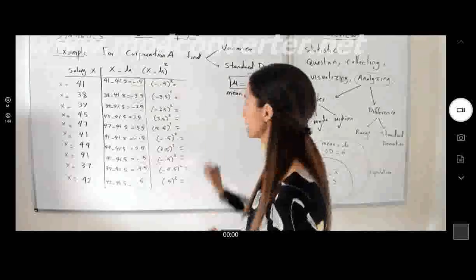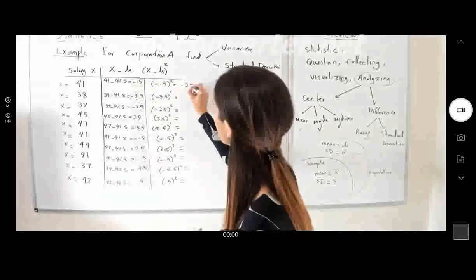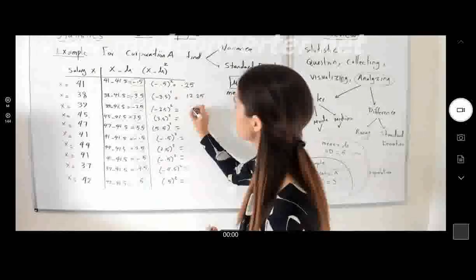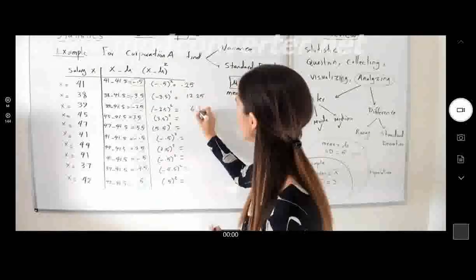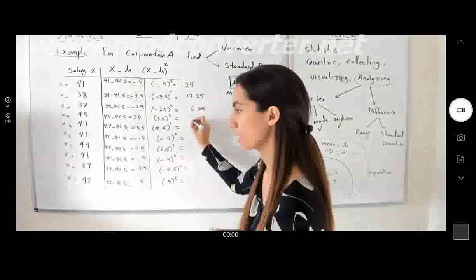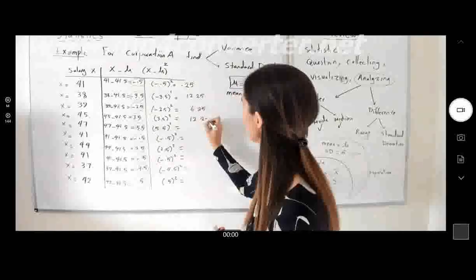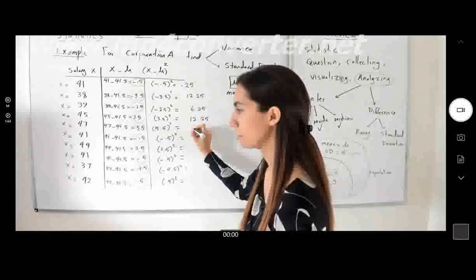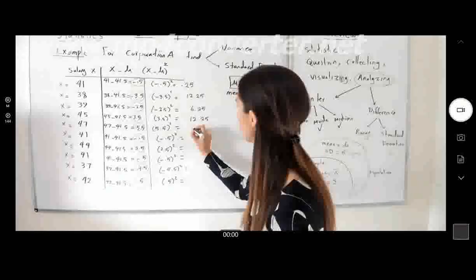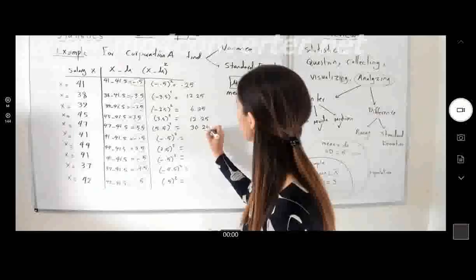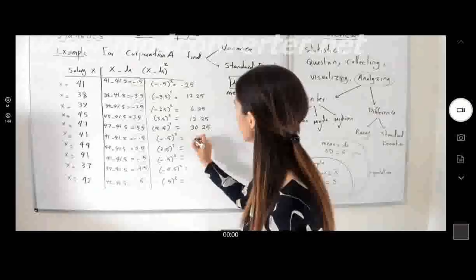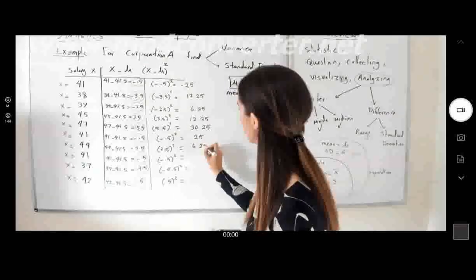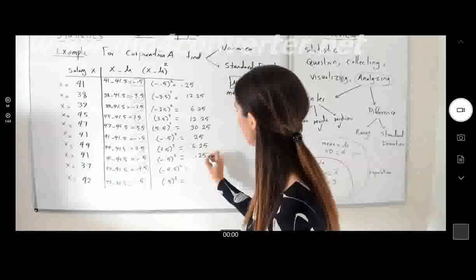Very well. In this case, you have 0.25. Then you have 12.25. Then we get 6.25. And now you have 12.25. And let's see, next number is going to be 30.25. Next number is going to be 0.25 and 6.25, 0.25.